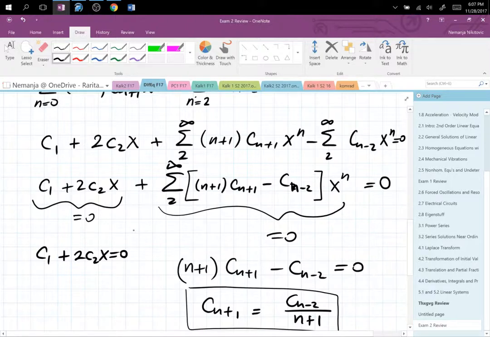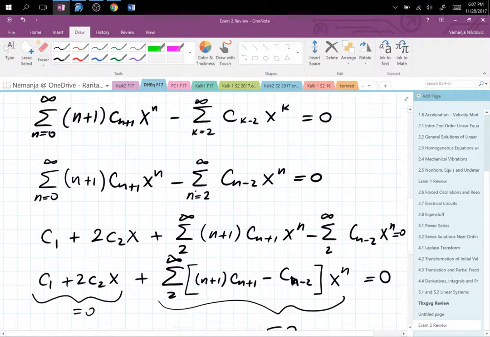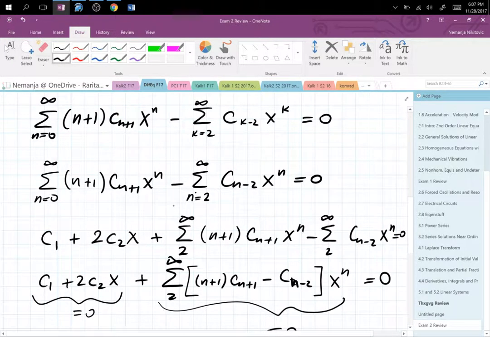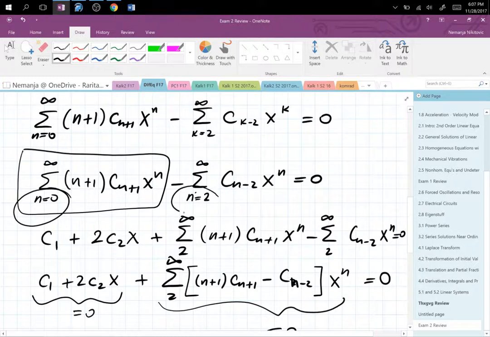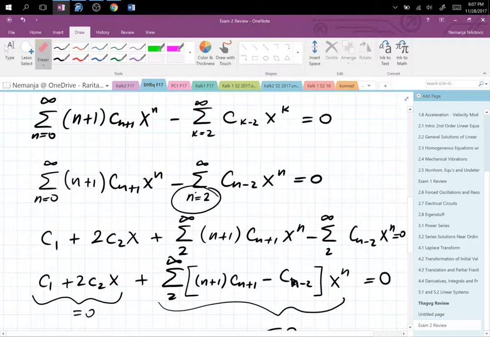How did you get to C1 plus 2C2x? When you peel off the terms from here, we need to peel 2 terms, so it's n equals 2. So when I plug in n equals 0, that's 1 times C0 times x to the 0, so 1 times C0 times 1 is C1.